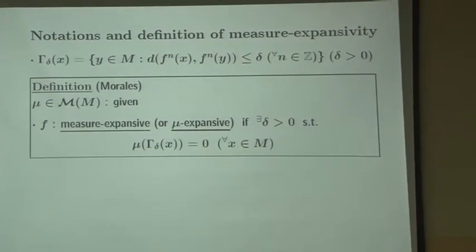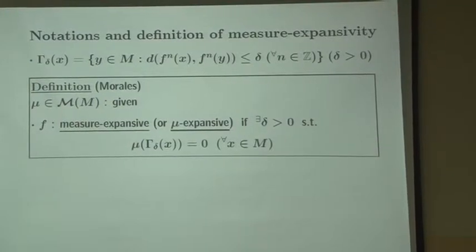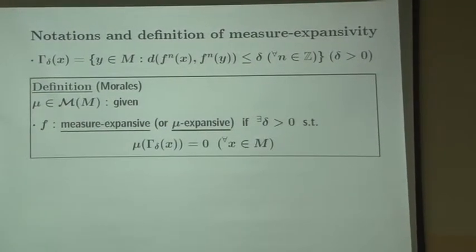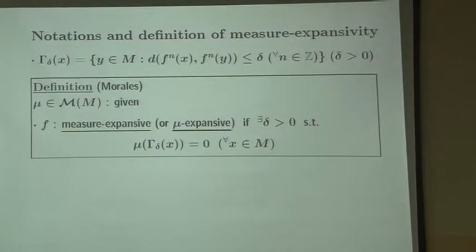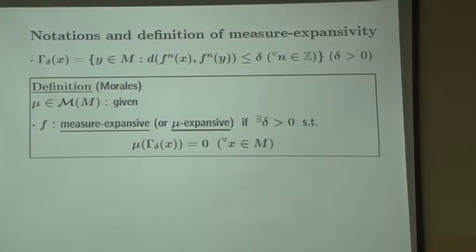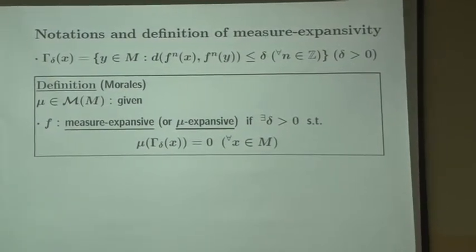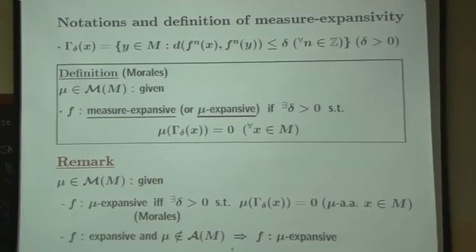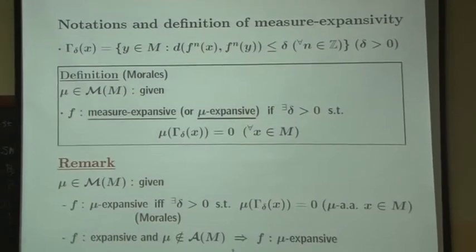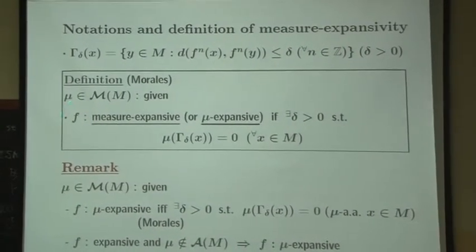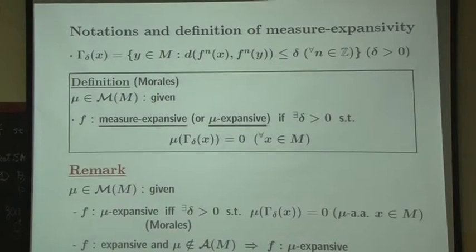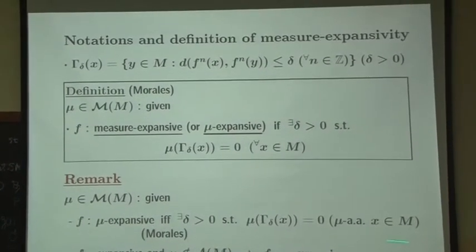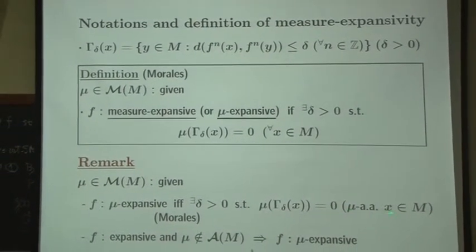Maybe this definition is, of course, introduced from the measure-theoretic viewpoint. So it is very natural to consider such a kind of definition. Actually, this definition and these definitions are equal, I mean, for almost all x.